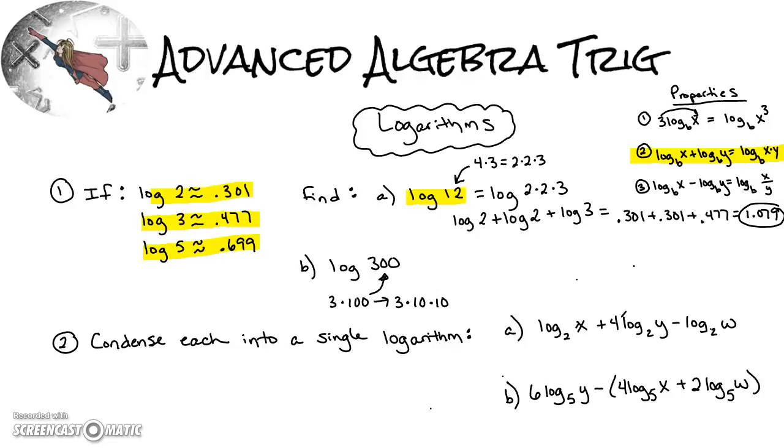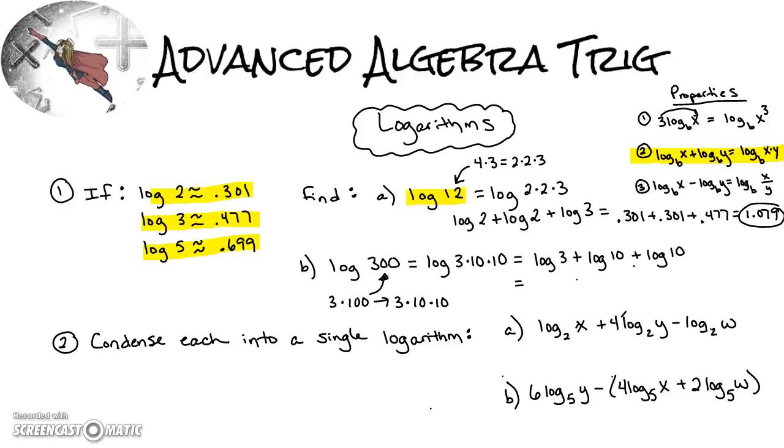So what this becomes is the log, and the number 300 is the same as 3 times 10 times 10. And then I know from that same property that we used in part A that I can add log of 3 plus log of 10 plus the log of 10.